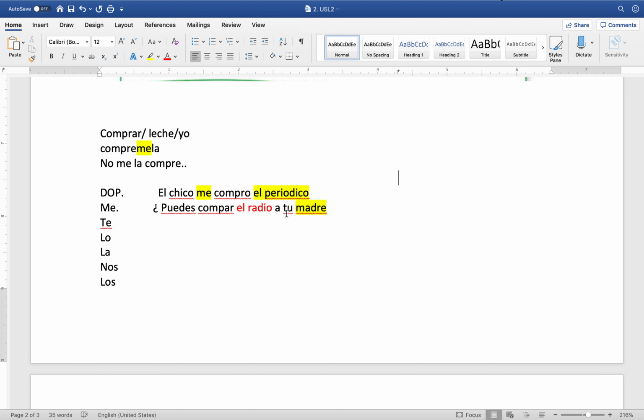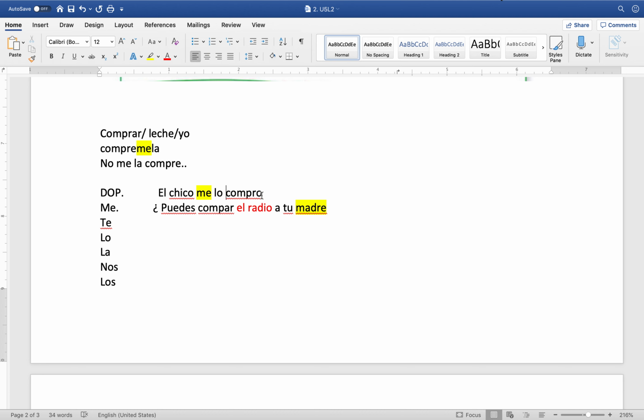Periódico is an item, a thing, an object. It's masculine and it's only one, so you're going to replace it with lo. Where are you going to place the lo? Right here, in front of the verb. El chico me lo compró, all right?